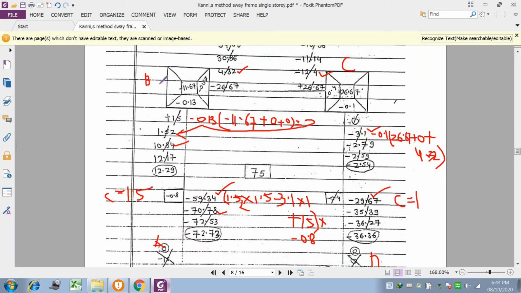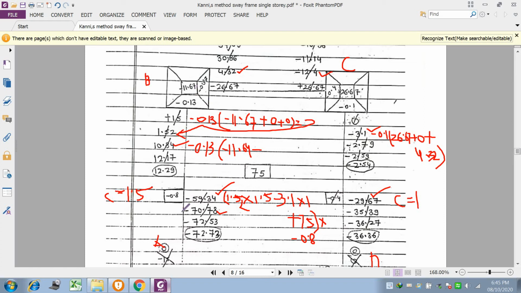For iteration number 2, I will show you how this 10.84 is calculated. Now we are at B. We have to see the far end value along with this. So minus 0.13 you have to write here. Then we have to write the central value 11.64, then plus or minus whatever the value will be.